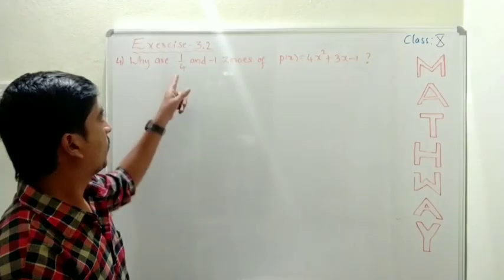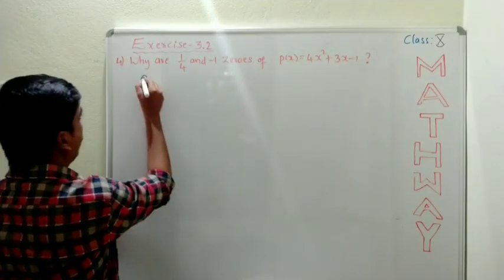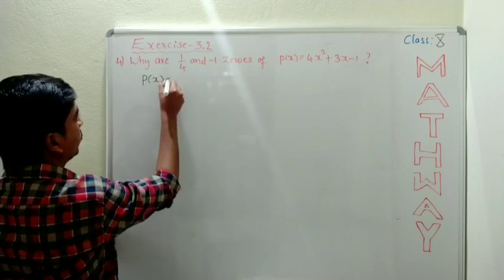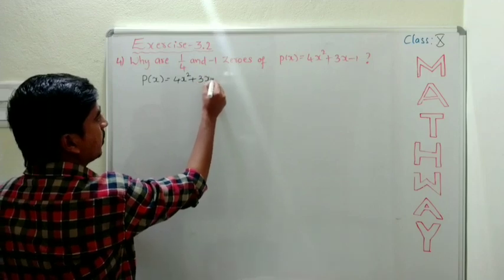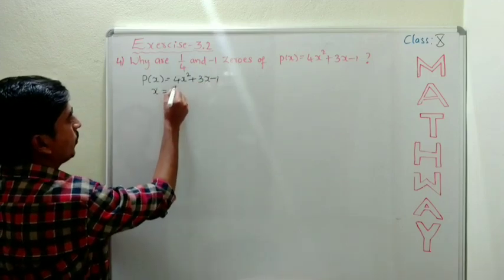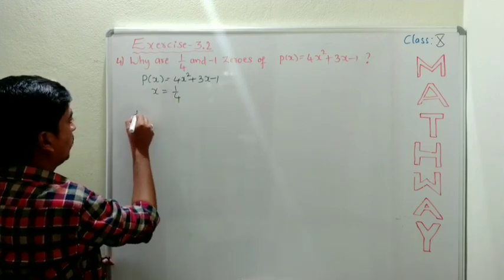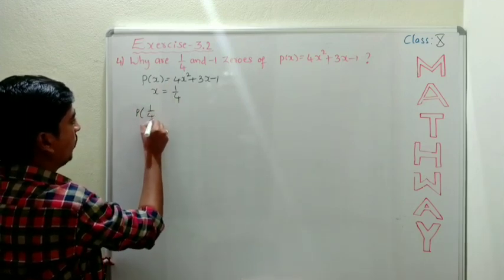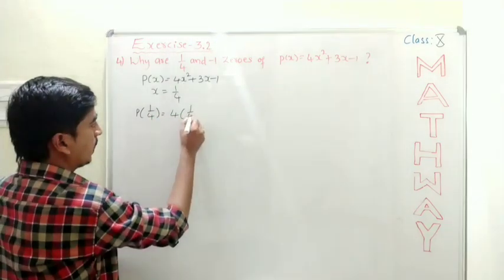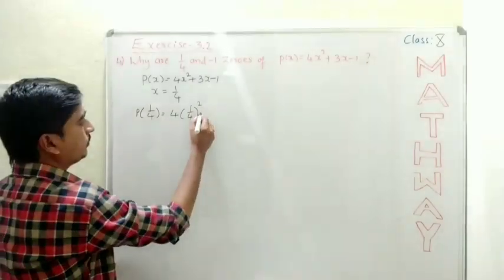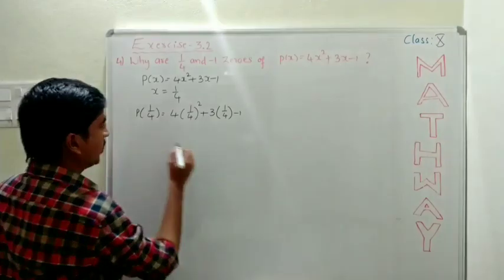First substitute 1 by 4. So here the given polynomial p of x equals to 4x square plus 3x minus 1. So take x equals to 1 by 4. Substitute the x value 1 by 4 in the polynomial. Then we get p of 1 by 4 equals to 4x square, so 4 of 1 by 4 whole square plus 3x, so 3 of 1 by 4 minus 1.